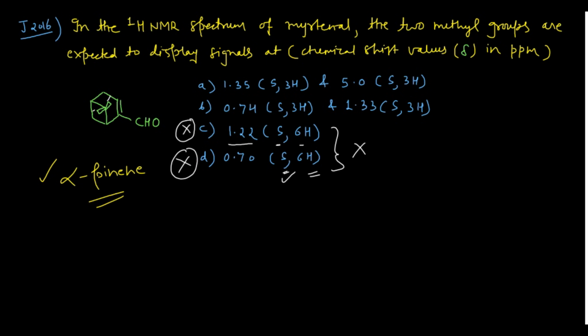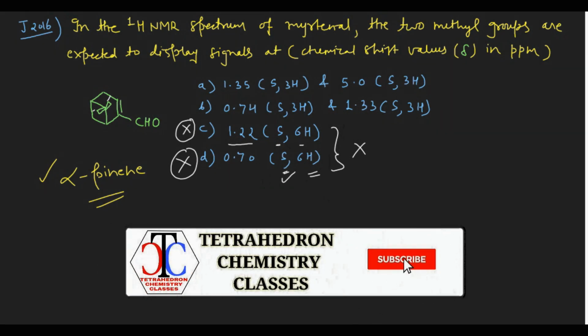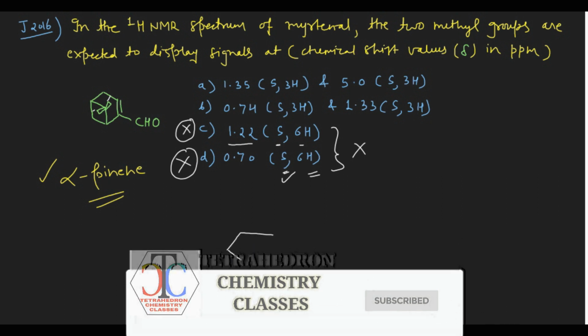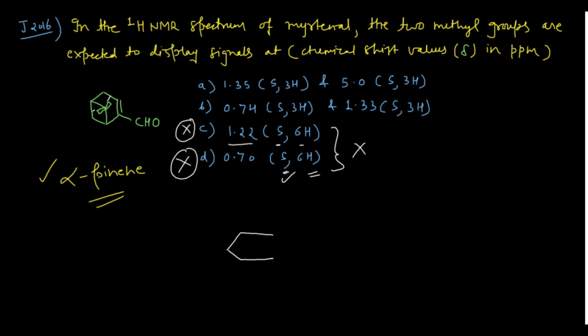Again, if I draw the structure for this one, however, it is not always very easy to draw such structures. For this you have to do a lot of practice drawing these kinds of structures.